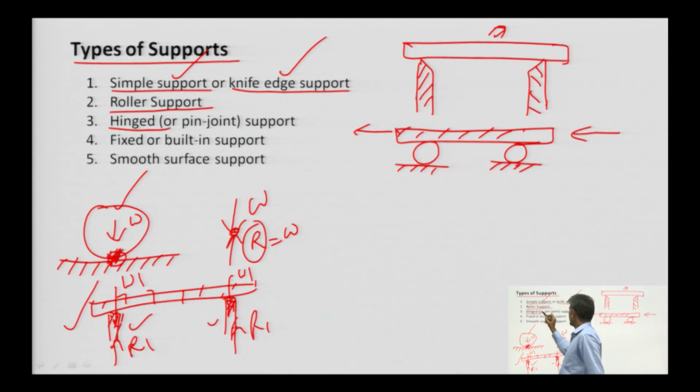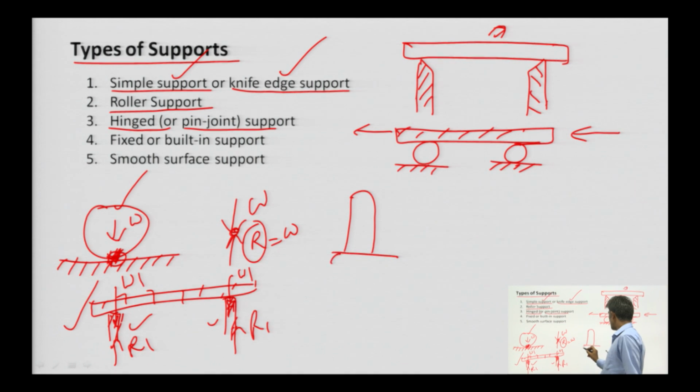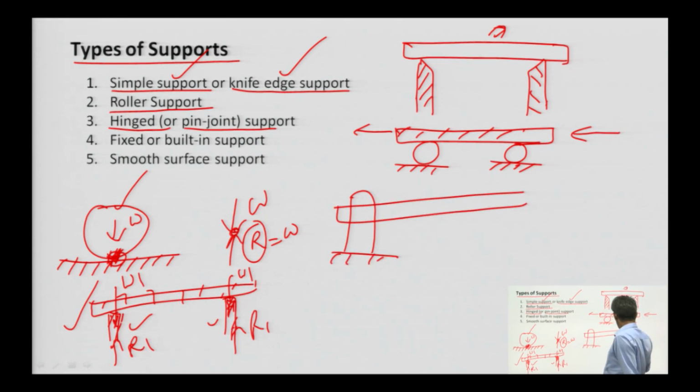Another is hinged or pin jointed support. These supports are like this. This one is pinned support or hinge support. Which type of restraints are they giving this horizontal bar?